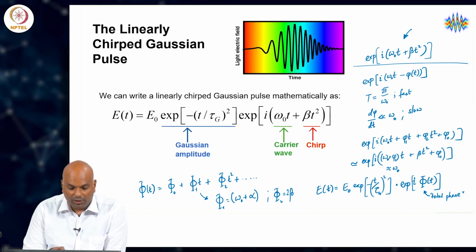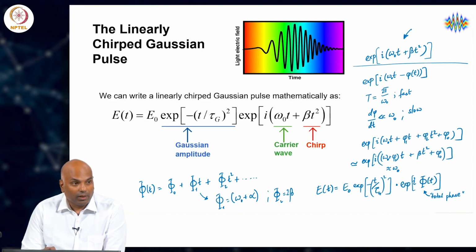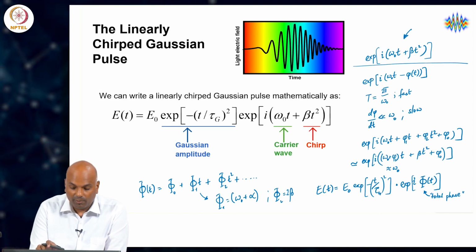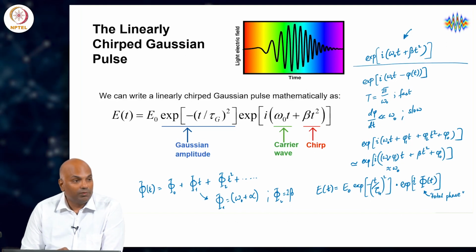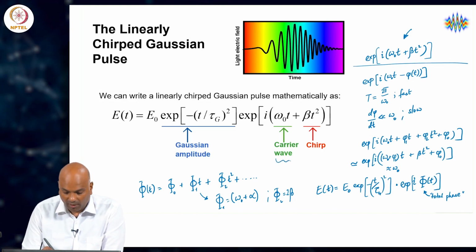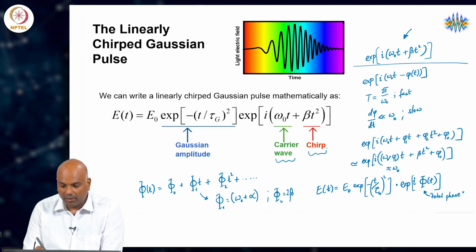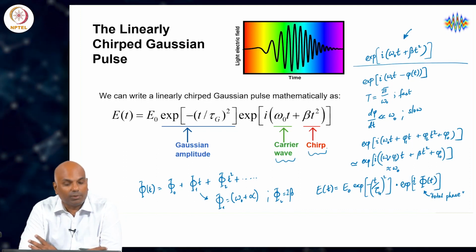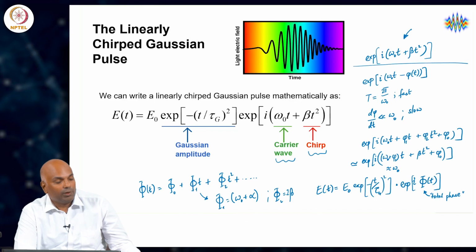But the point I am making is that a typical Gaussian pulse, at any instant of time, if I take a snapshot of its field amplitude, it essentially has a carrier component and then chirp, if any, is captured by the beta t square part.